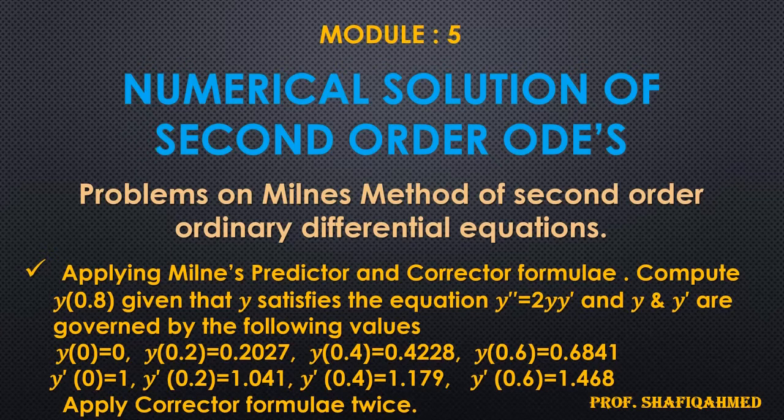y and y dash are governed by the following values: y of 0 equal to 0, y of 0.2 equal to 0.2027, y of 0.4 equal to 0.4228, y of 0.6 equal to 0.6841, and y dash of 0 equal to 1, y dash of 0.2 equal to 1.041, y dash of 0.4 equal to 1.179, y dash of 0.6 equal to 1.468.